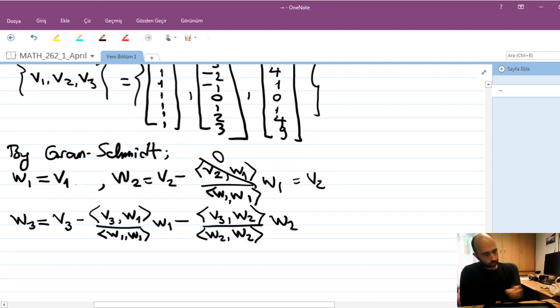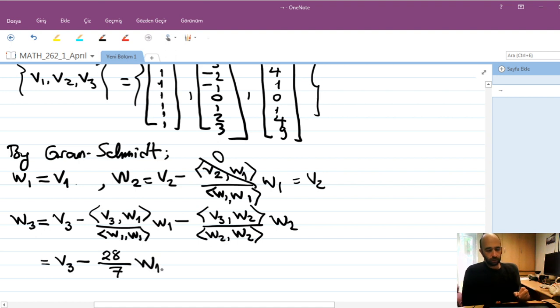Now one needs to compute these. Okay, this is V3 minus. You can compute these two numbers easily. Let me just write the answers. Please check my computation. The top one gives you 28. The bottom one gives you 7.